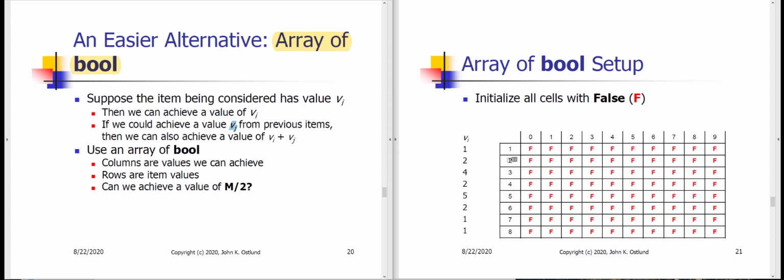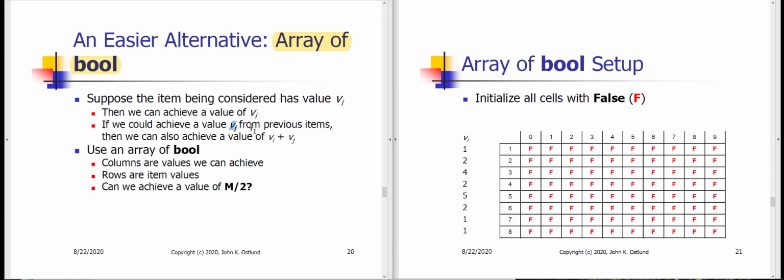The values that were achievable using the previous values are still going to be achievable, and for any value that was achievable for the previous values, we're also going to be able to achieve that value plus, in this example, 4.